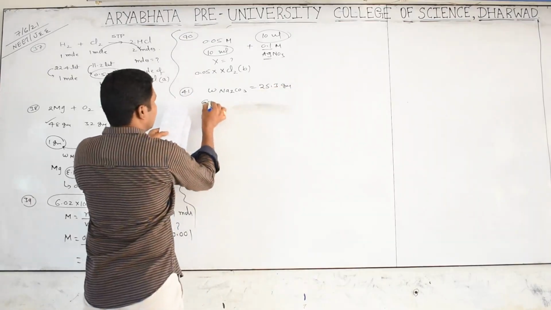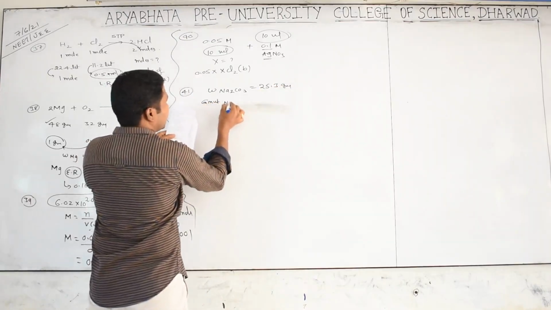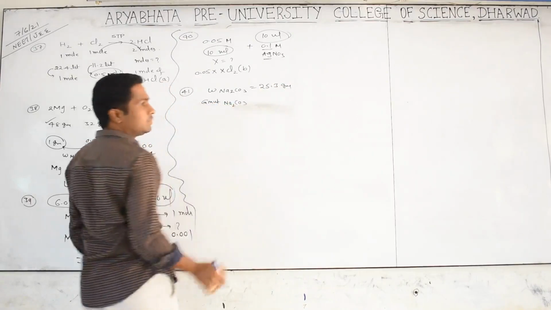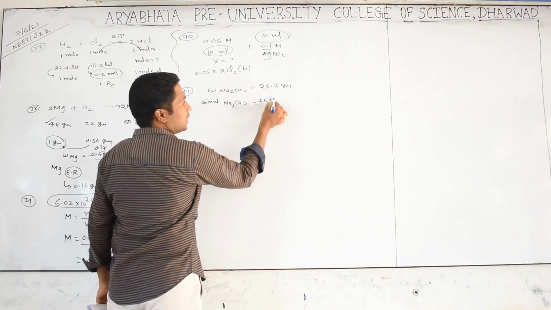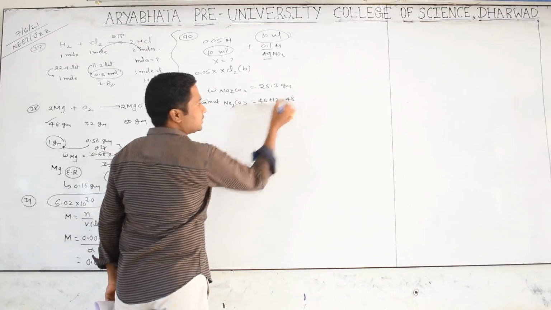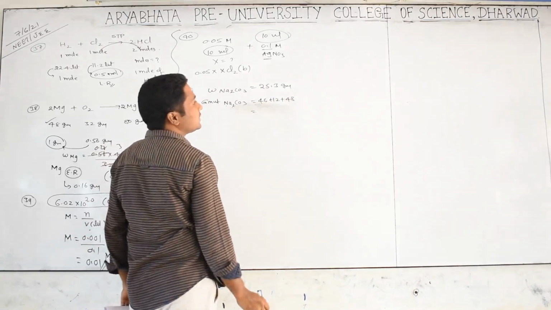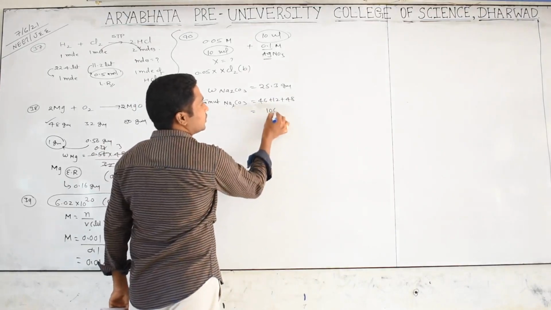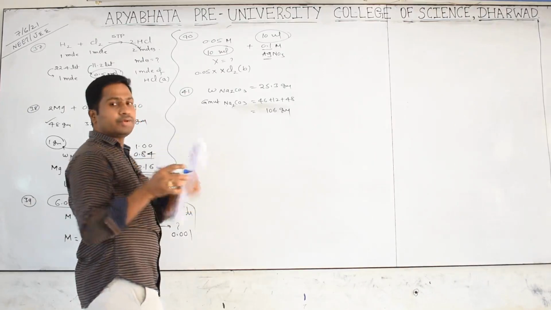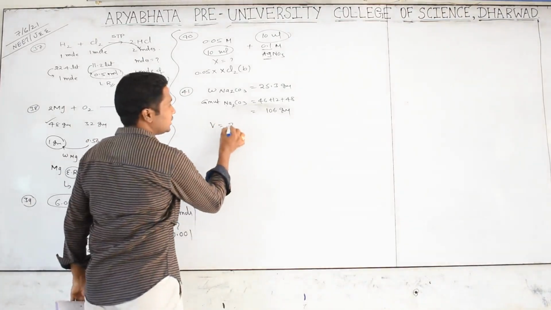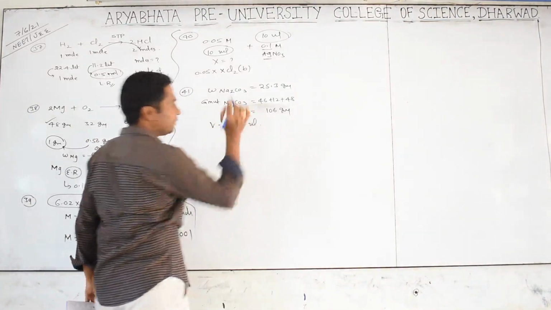The gram molecular weight of Na2CO3: 2 sodiums are 46, plus 12, plus 48, which is 106 grams. It is dissolved in a volume of 250 ml.